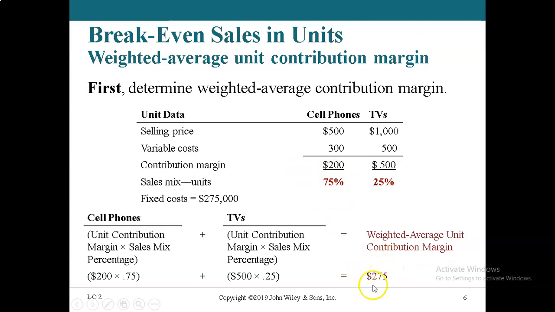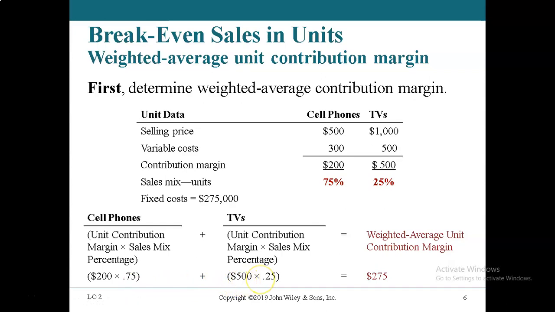This is a weighted average contribution margin per unit. Weighted average unit contribution margin. How do you get this number? Well, the contribution margin per unit for cell phones is 200, times we sell cell phones 75% of the time, plus the contribution margin per unit for TV is 500.